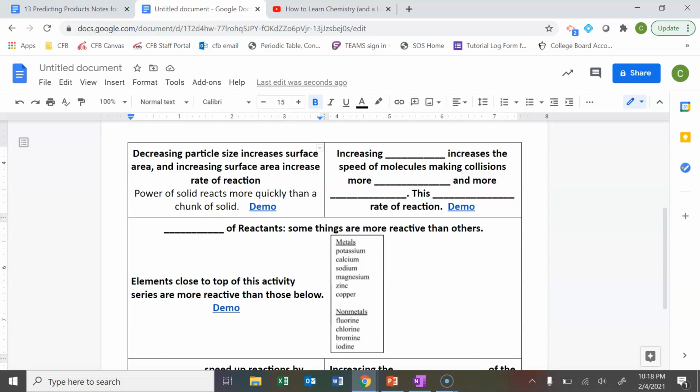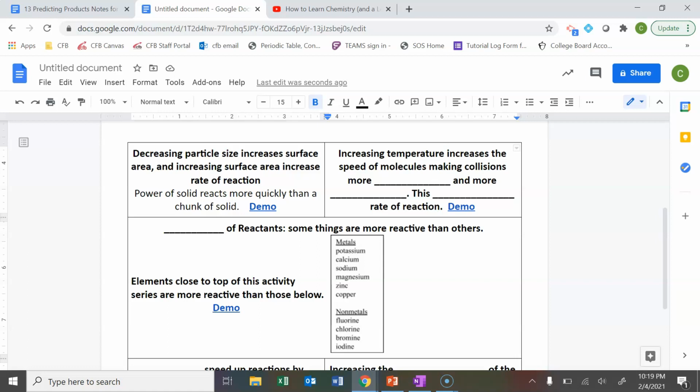All right, increasing the temperature does something else. Increasing the temperature actually increases the speed of the molecules. When you heat something up, the molecules move faster. Well, if they're moving faster, just think about if you were walking through the halls on a normal school year. It's pretty busy.